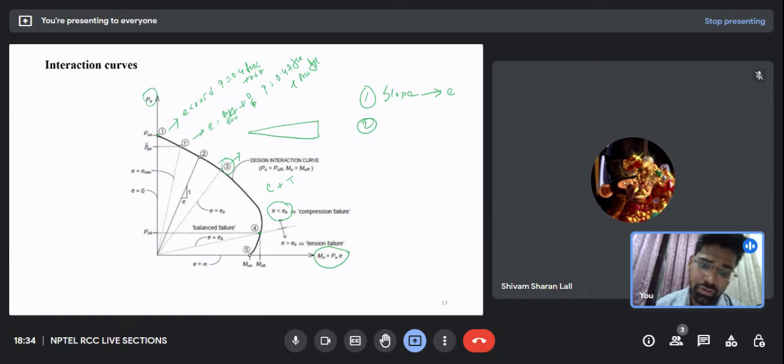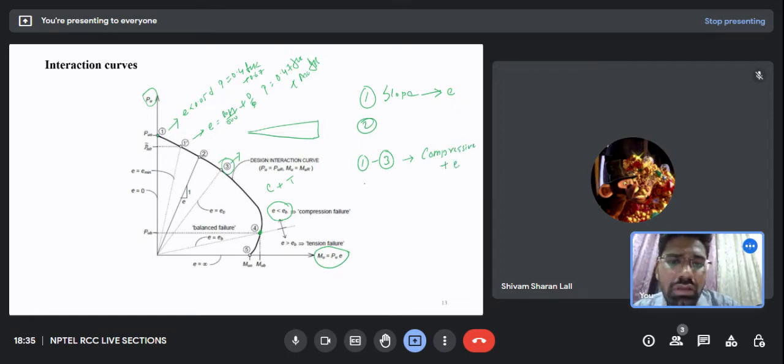Now I have a quick question for you again. From 1 to 3 in my graph, the load was purely compressive with some eccentricity. And when we come from 3 to 4, the loads are both compressive plus tension.